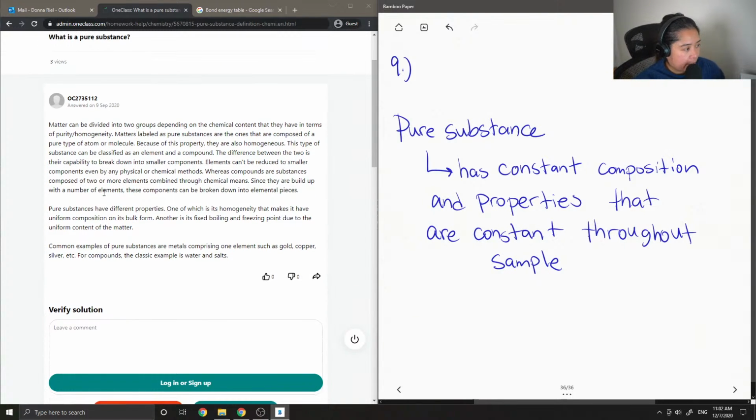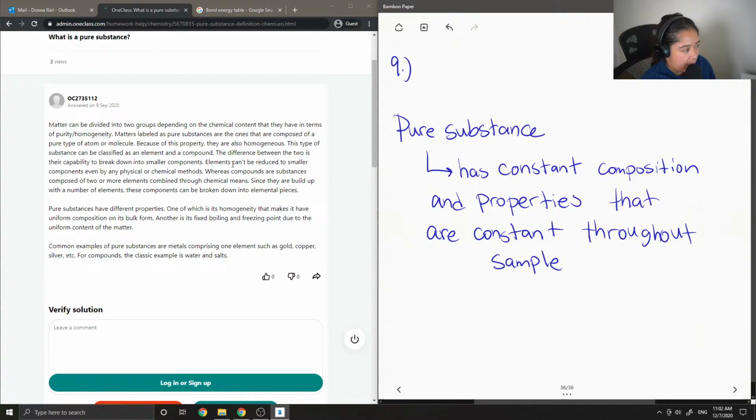Matter can be divided into two groups depending on the chemical content that they have in terms of purity and homogeneity. Matters labeled as pure substances are the ones that are composed of a pure type of atom or molecule. Because of this property, they are also homogeneous. This type of substance can be classified as an element and a compound.